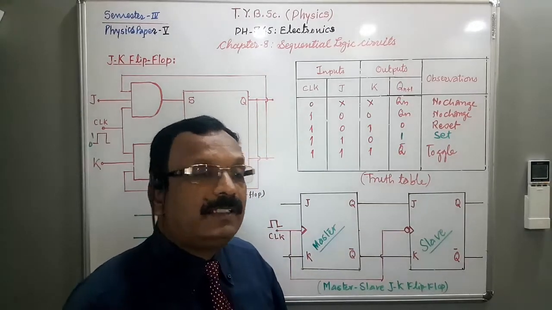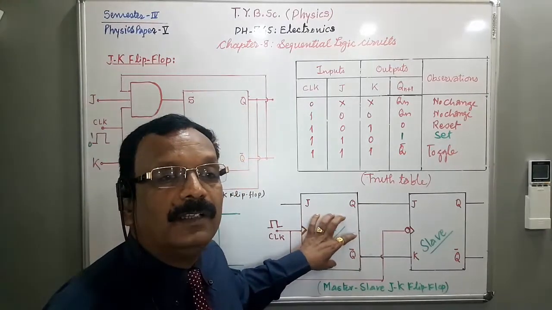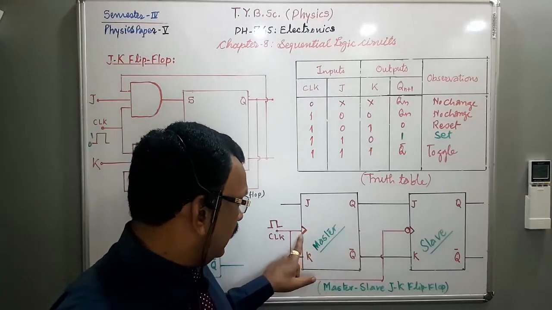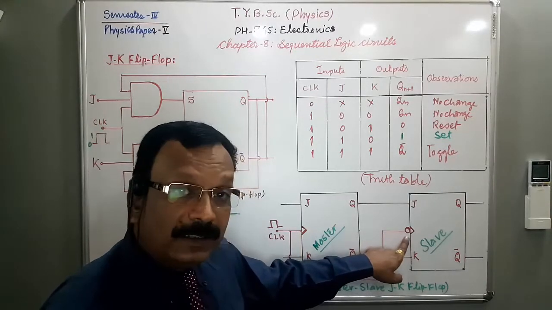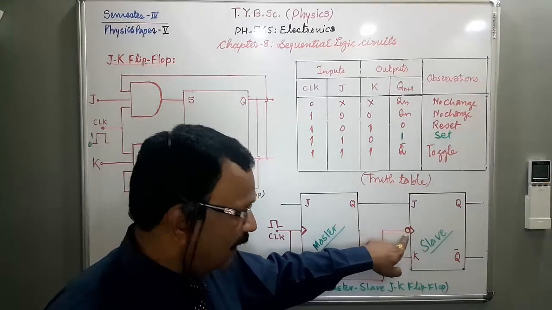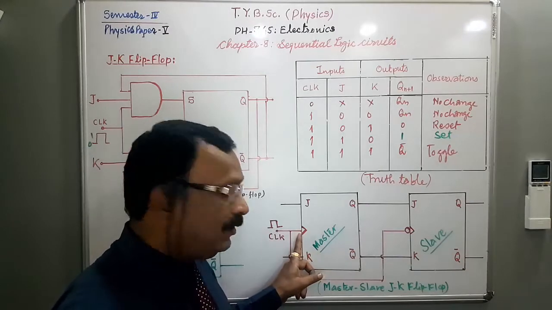Here the master flip flop, this one, is positive triggered. See here, this has no bubble and here there is a bubble. This is the main difference. This bubble indicates that this is negative triggered, and here the bubble is not present.